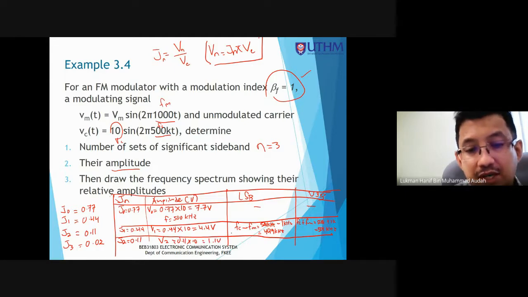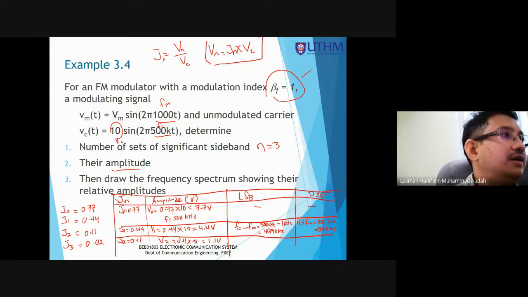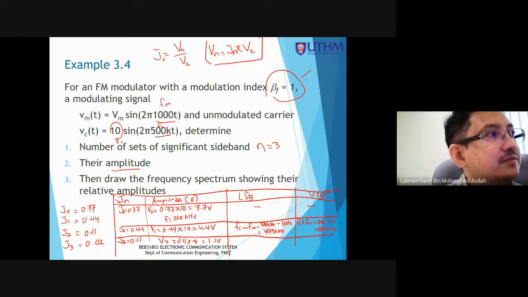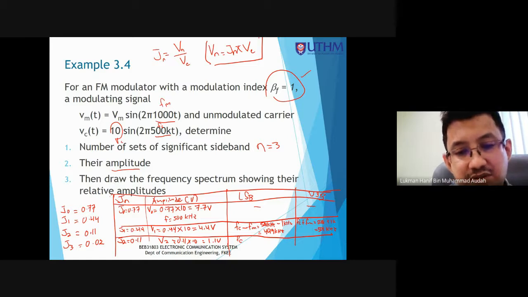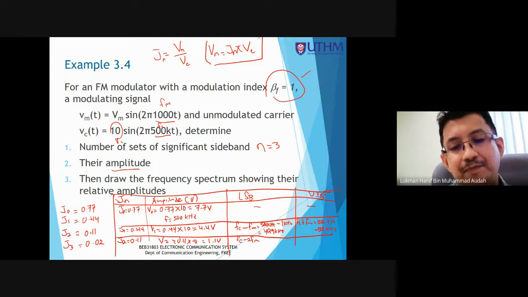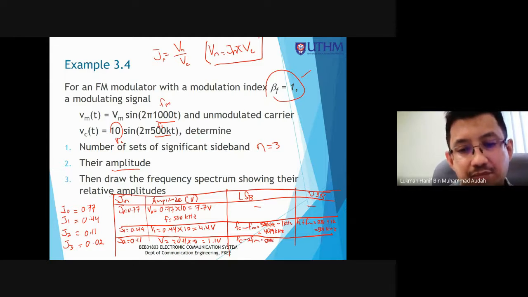So this is located at dia terletak di mana? So that means this is FC. So this is the second. Okay, the second. That means FC minus 2 FM. So therefore, this is 500K minus 2 kilohertz.